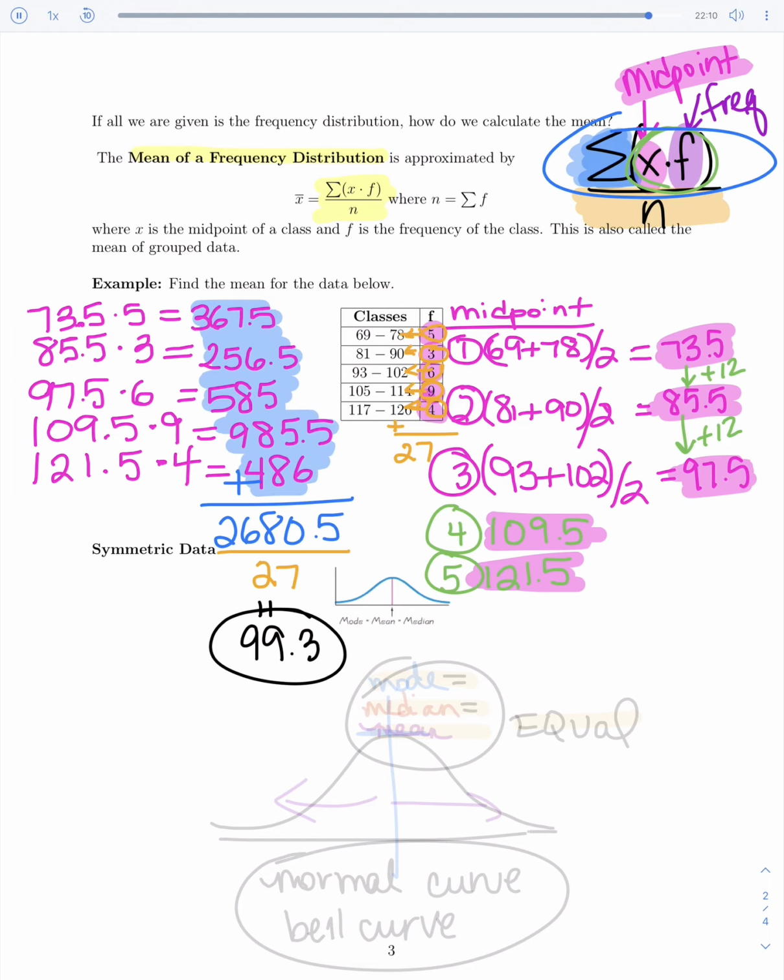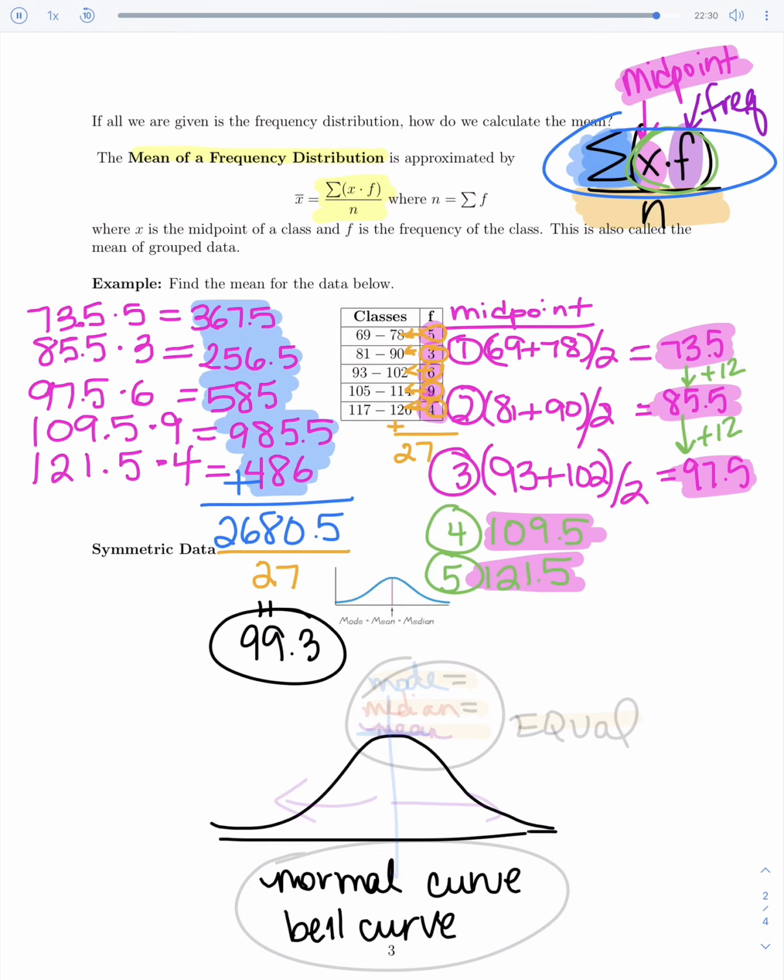Okay, on this last part, I know I kind of wrote over it, which was talking about this graph that we've kind of started talking about, which was called a normal curve. You may hear it called a normal curve or a bell curve.